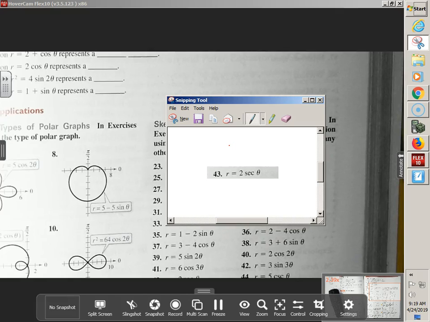With the t's, what could you be asked to do? With section 10.6, it's just been a while, so I'd be taking notes. With the t's, you could be asked to eliminate the parameter.